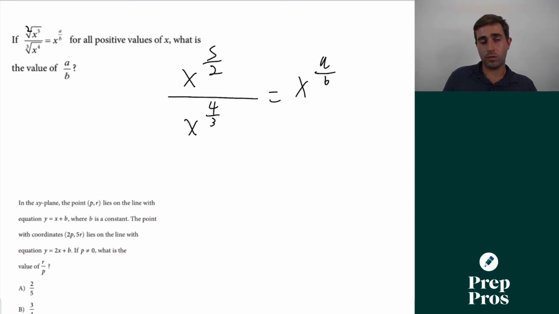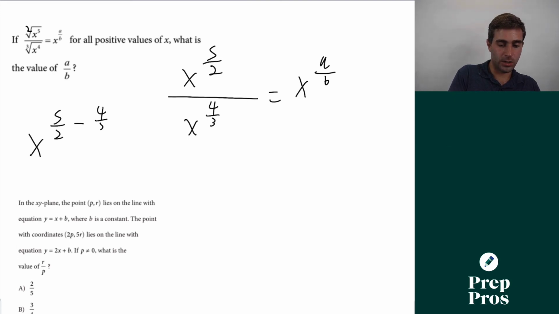Now, with exponents, because we are dividing, we know we're going to subtract them. We can think about this very similar to our last question. This is going to be x to the 5/2 minus 4/3. But if we're going to add or subtract fractions, we have to have a common denominator. The common denominator of 2 and 3 is going to be 6.